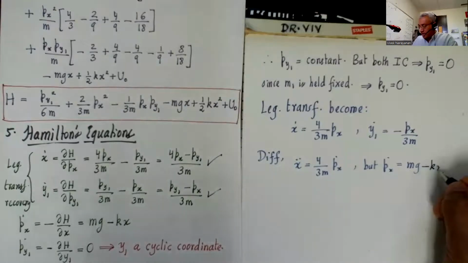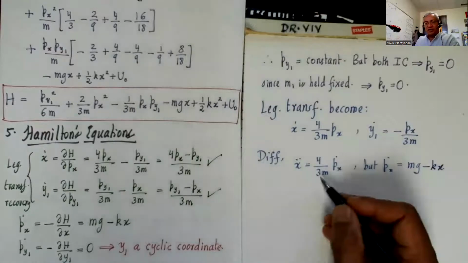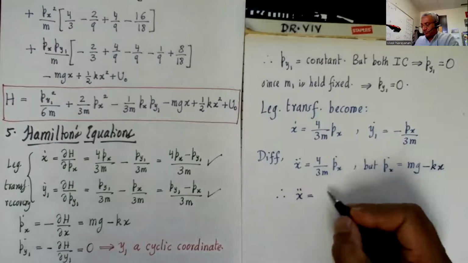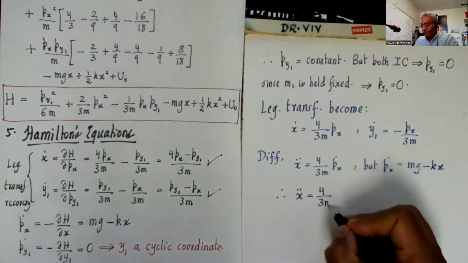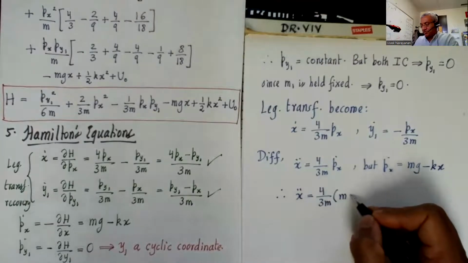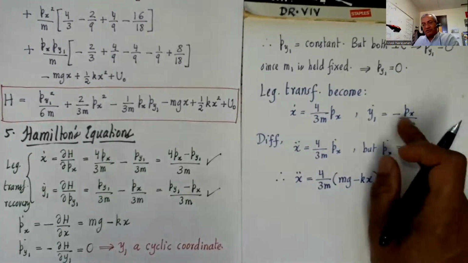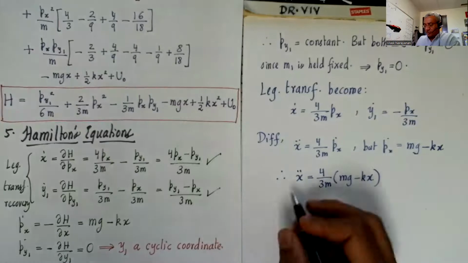So I'll substitute this into there. Therefore, x double dot equals 4 over 3m times mg minus kx. That's looking pretty important.